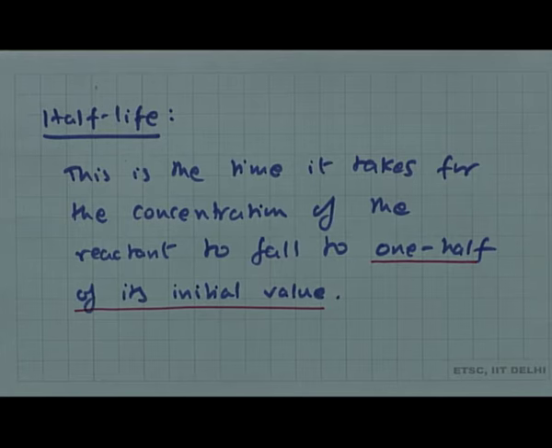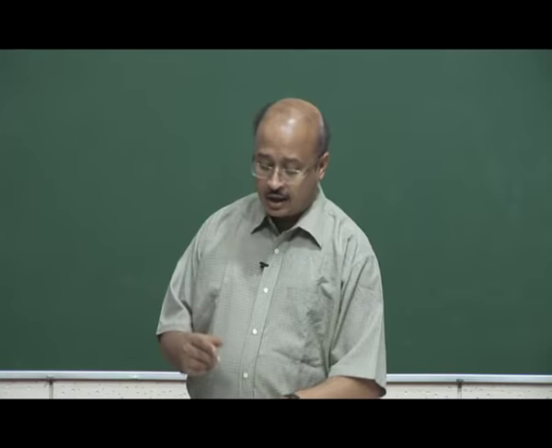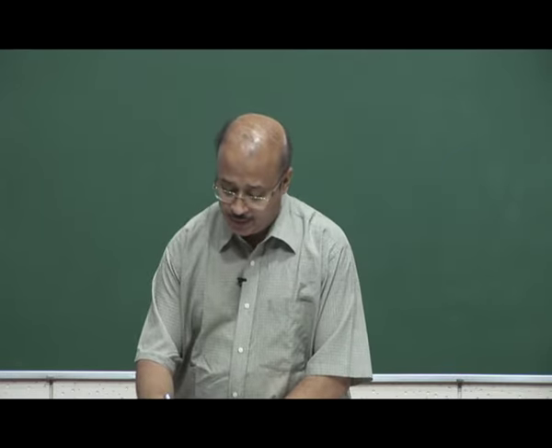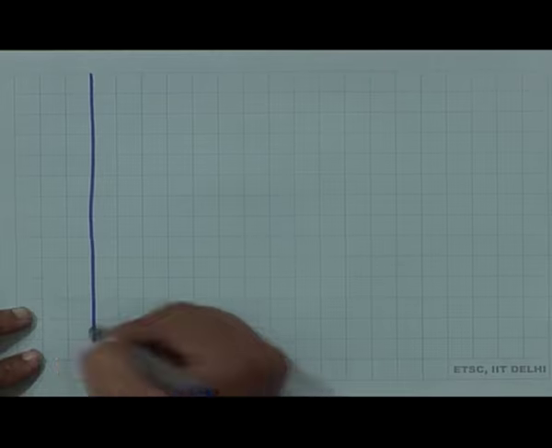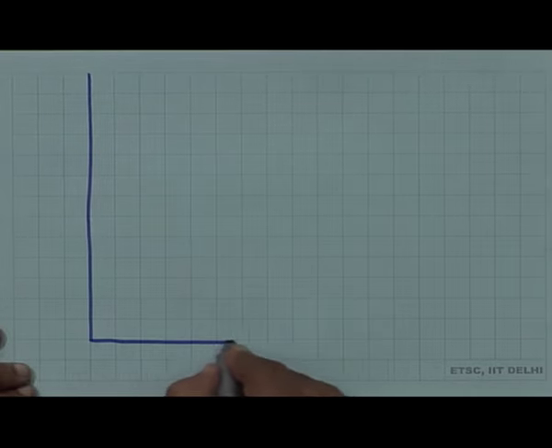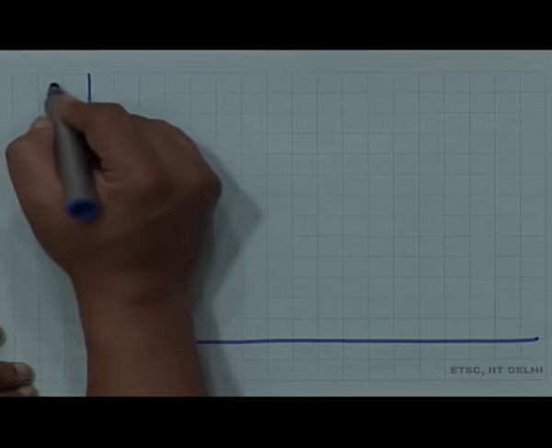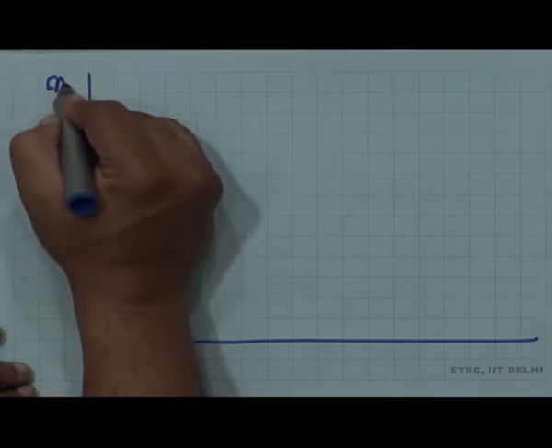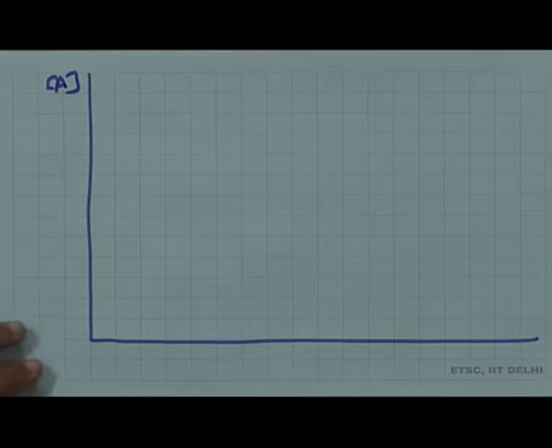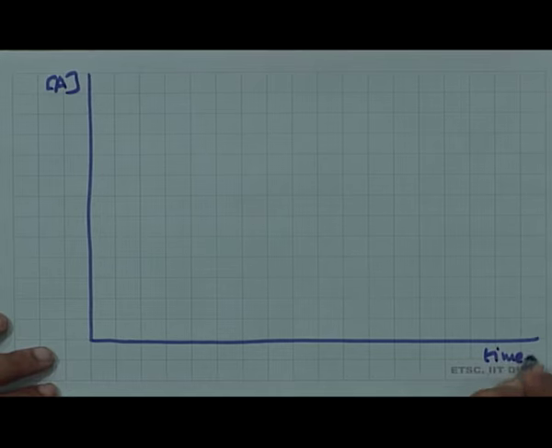Okay. How do we visualize this on the graph itself, or the kinetic profile itself? Again as usual, let us draw a kinetic profile. As we always say, this is the concentration of the reactant A, and this is time, whatever unit it be, seconds, minutes, hours.